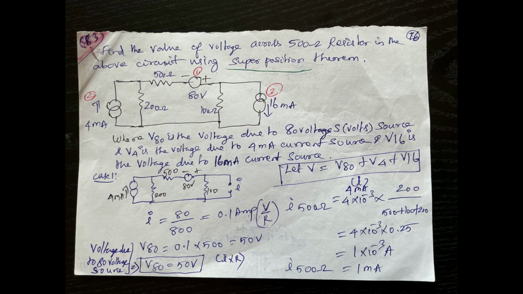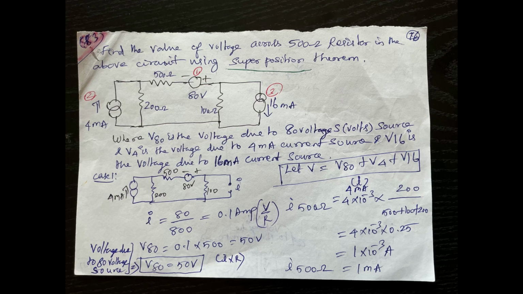And I500 ohm is I into parallel resistance divided by total resistance. Apply the current division rule. So 4 into 10 power minus 3, into R2, the parallel resistance 200, divided by the total resistance 500 plus 100 plus 200. Apply the parallel current division rule.